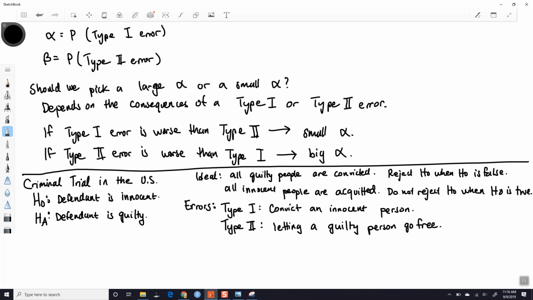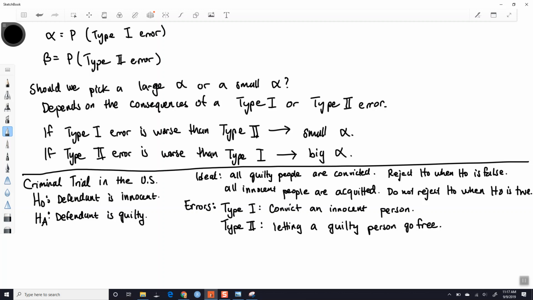All right, so this is always up for debate. But at least the way our justice system is set up, which of these errors is worse than the other? Let's just take it to the extreme.